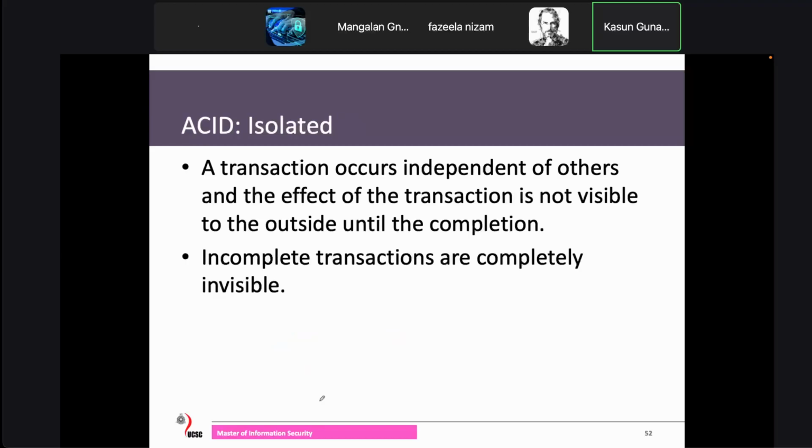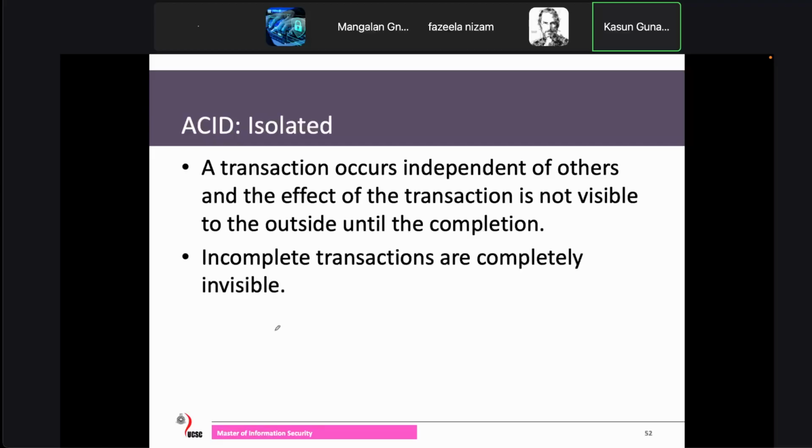Isolation ensures that concurrent execution of transactions leaves the database in the same state that would have been obtained if the transactions were executed sequentially, right?